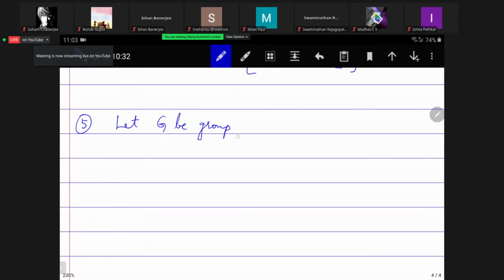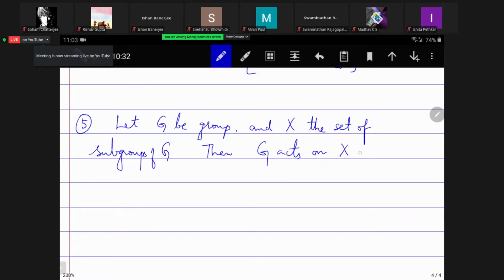Yeah, so let G be a group, and X the set of subgroups of G. So we're considering all subgroups of G. Then G acts on X by conjugation. What does that mean?